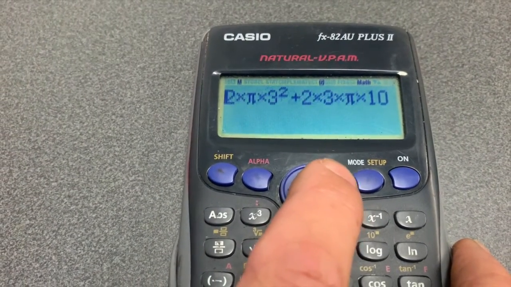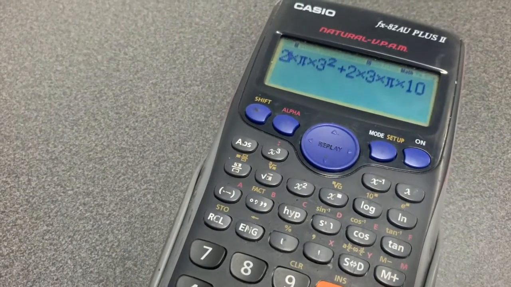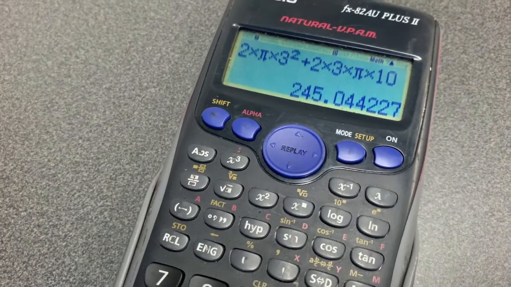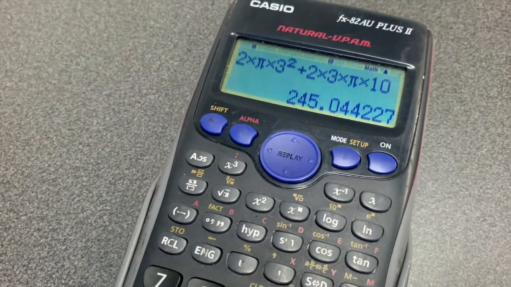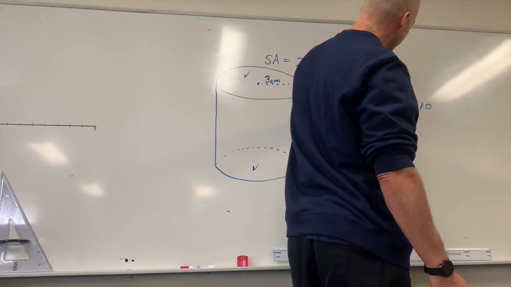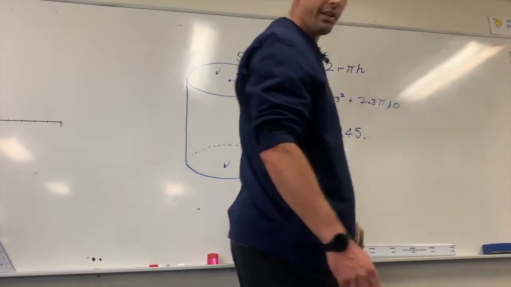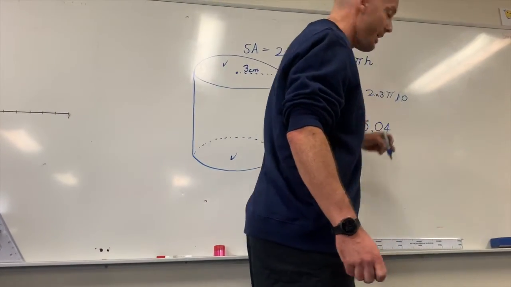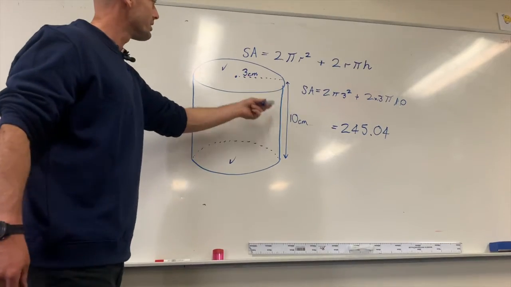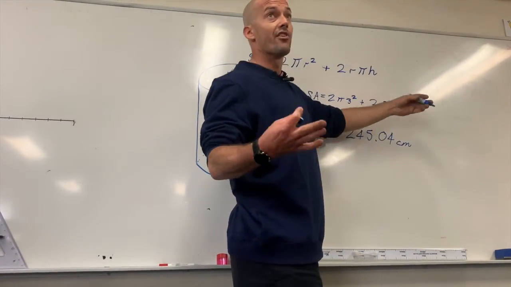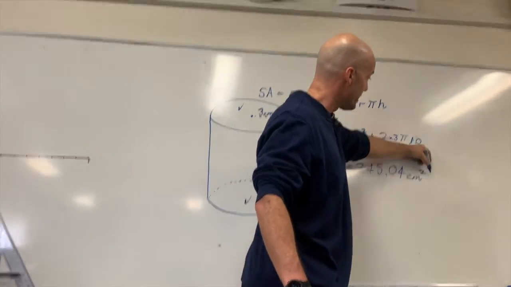All right, that should do it. Equals 245.044. So we round that to 245.04, and because it's in centimeters, it's centimeters. But because it's surface area, don't forget about the squared.